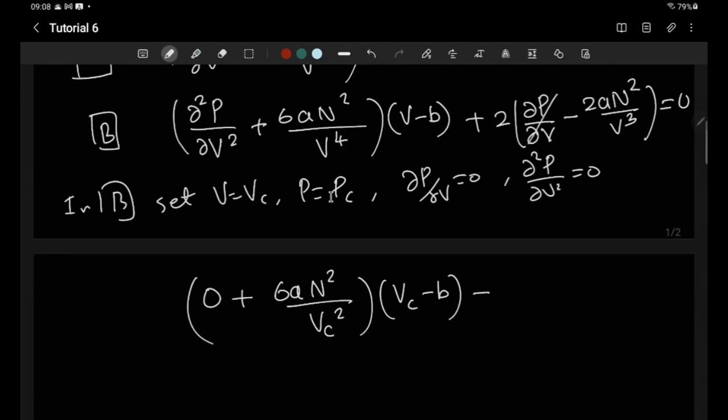So this dP by dV is 0, so I get minus 4a n squared by Vc cubed equal to 0, and this is power 4.